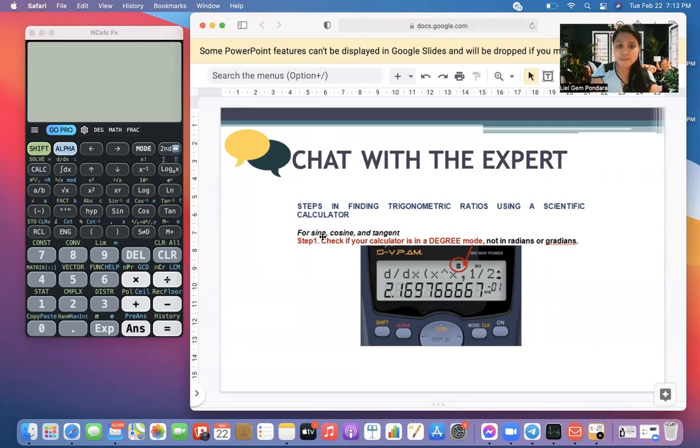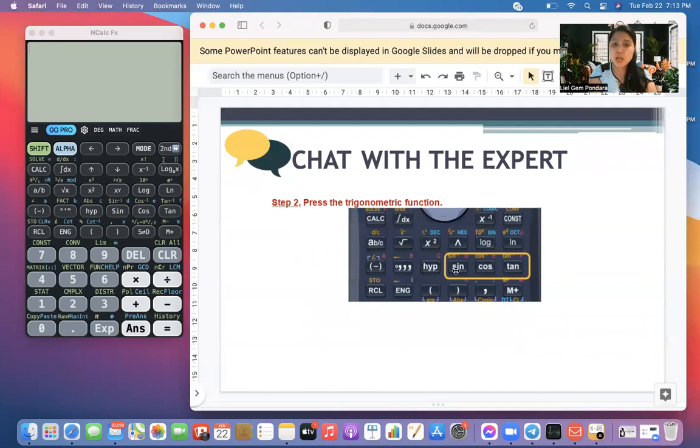If you're checking for the sine, cosine, and tangent, you need to check first that your calculator is in degree mode, D. If it's not in degree mode, like it's in rad, radians, or grad, gradients, you need to click the mode and set it to degree mode. Next, you press the trigonometric function.